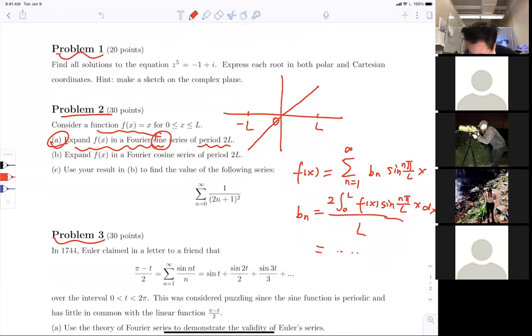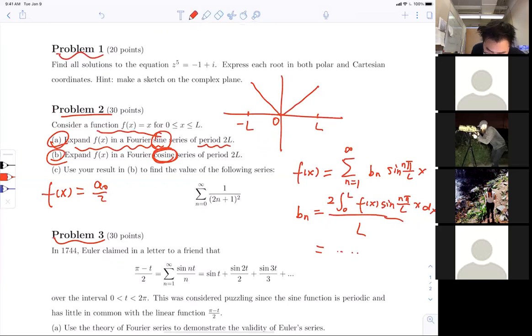Right. For part B, it's very similar, because we want a cosine series, so we want this to be an even function. Basically, you have this, and the only difference... you may take a look at the solution, it was posted on CCLE. It's a naught over 2 plus the sum from n equals 1 to infinity of an cosine n pi over L x.